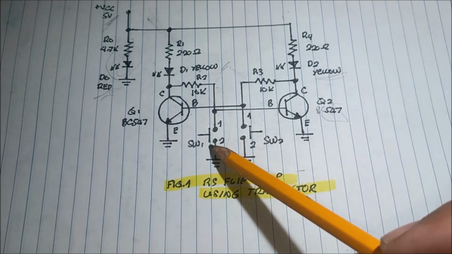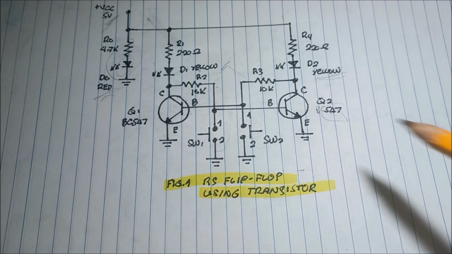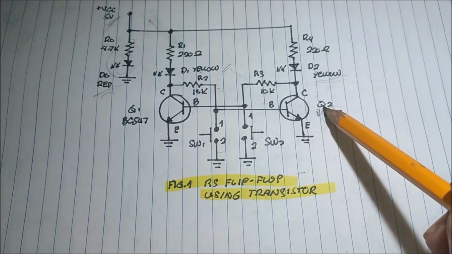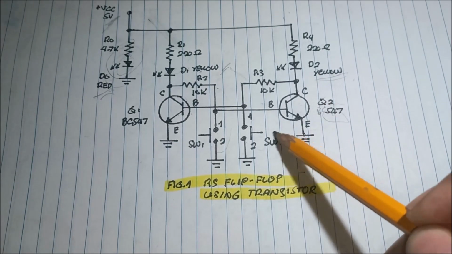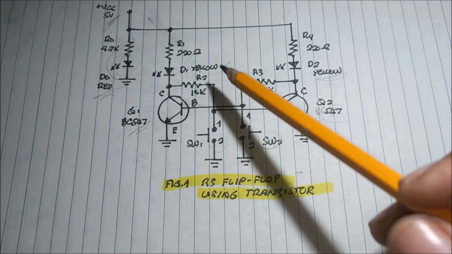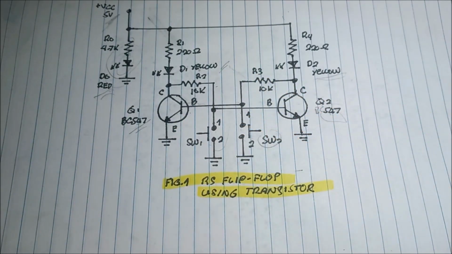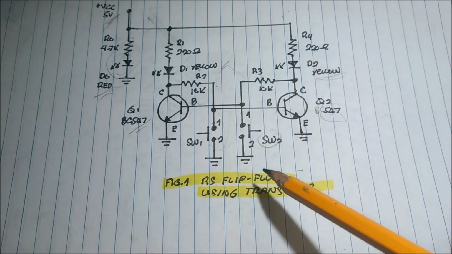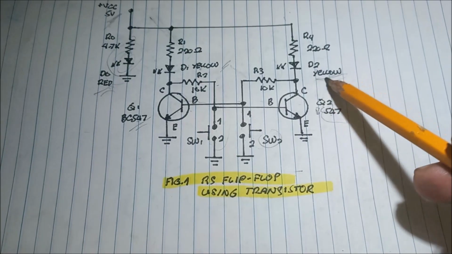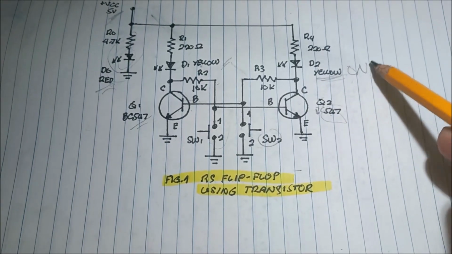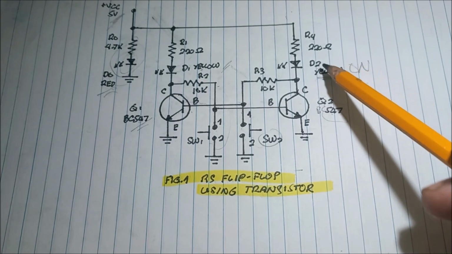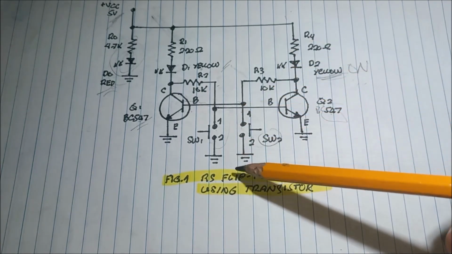So switch 1 is now connected to Q2, and switch 2 is connected to Q1. When we power on the circuit, it seems that this LED is the first one to turn on. This one is turning on because that is the initial state of the circuit, the racing condition.